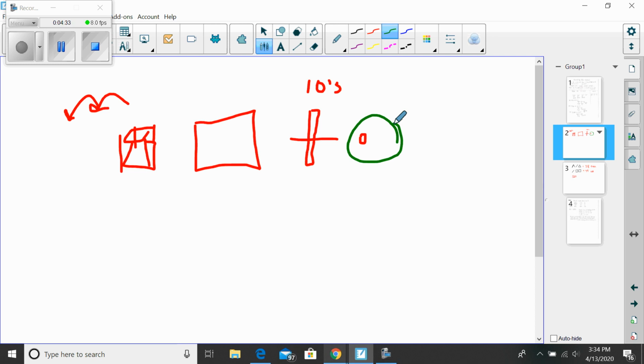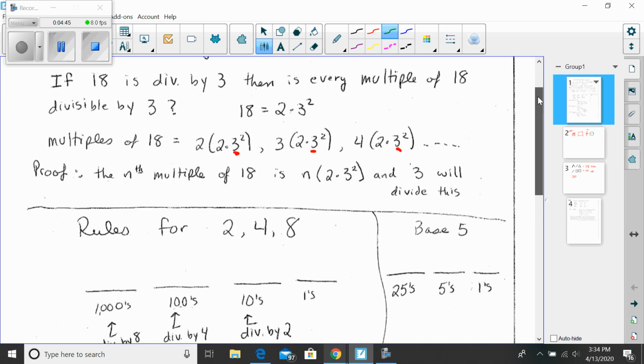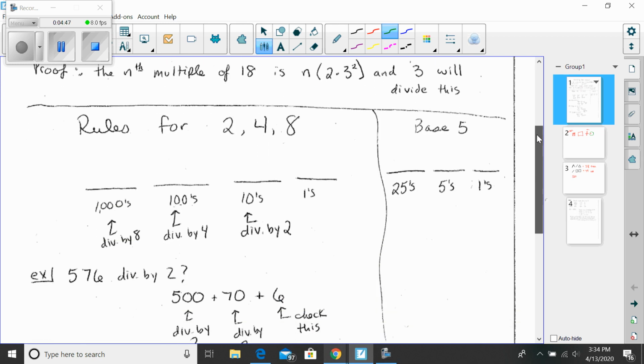All right, so the divisibility of the entire quantity depends only on what's in the ones place. All right, and that's why I only have to look at the last digit to determine whether or not a number is divisible by 2.